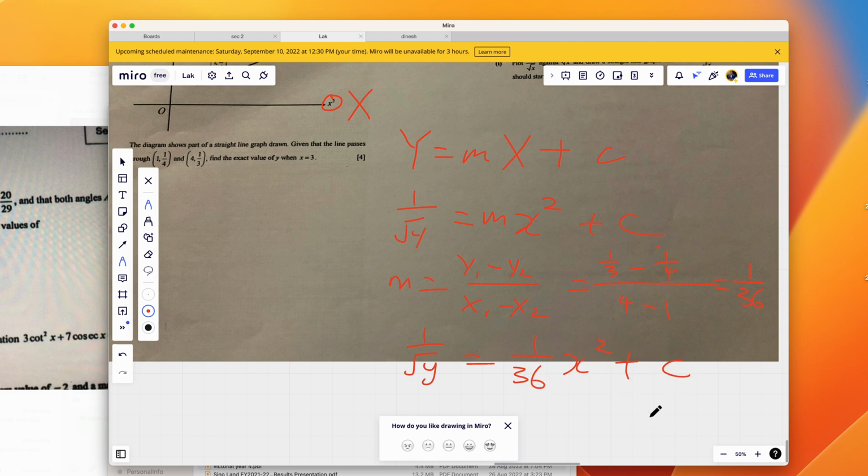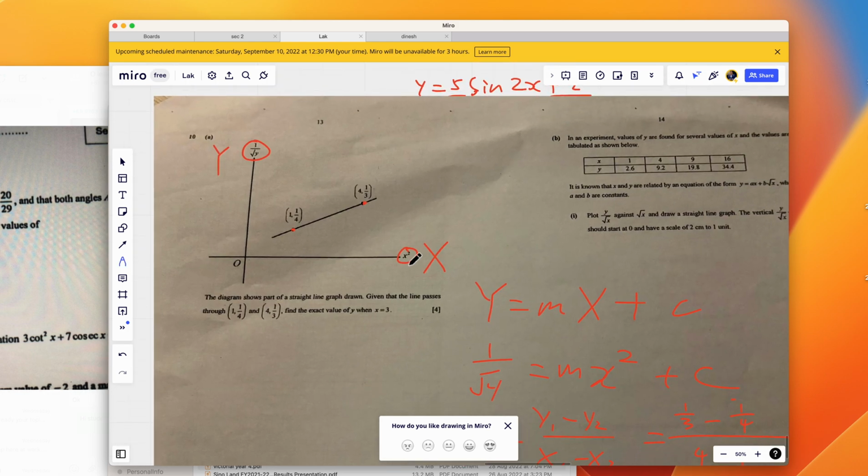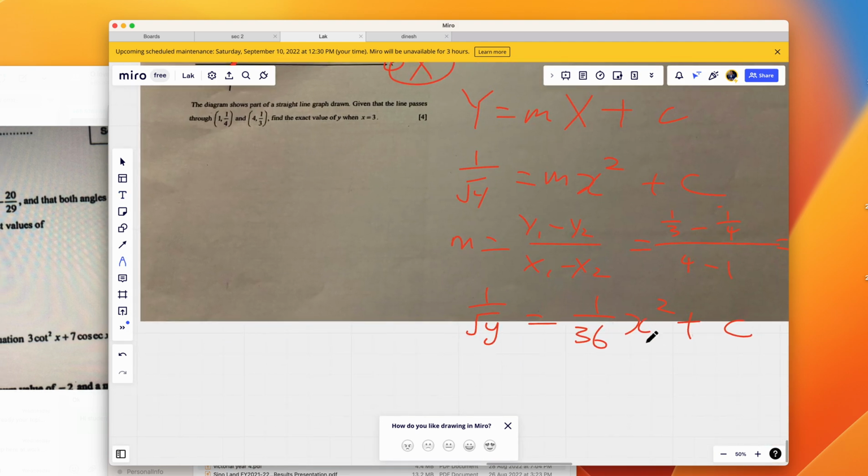So c happens when you sub in x squared equals 0, right? X squared is equal to 0, not x, because we are talking about big X here. So when x squared is 0, that's where it cuts. So this whole thing is 0.